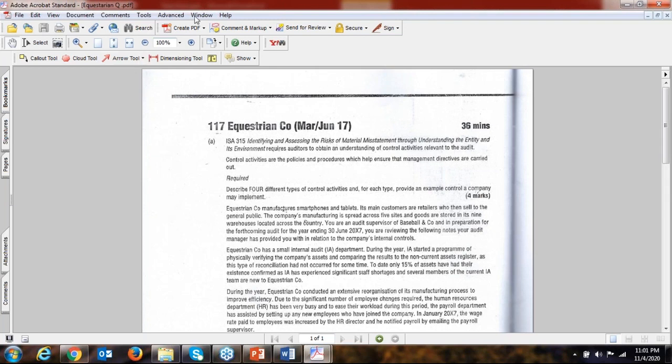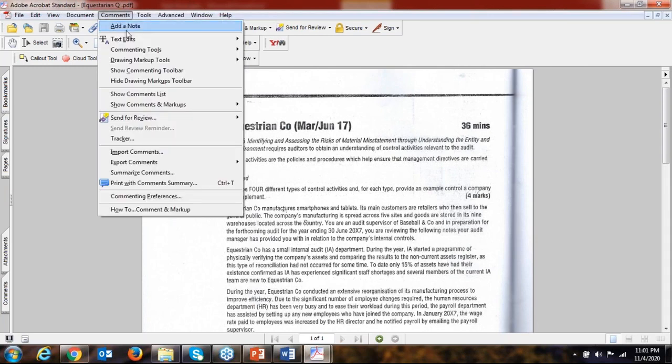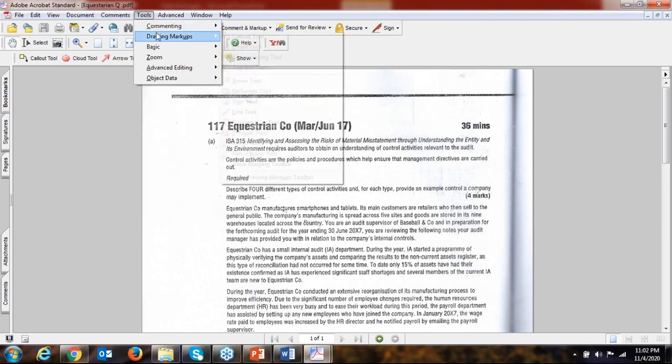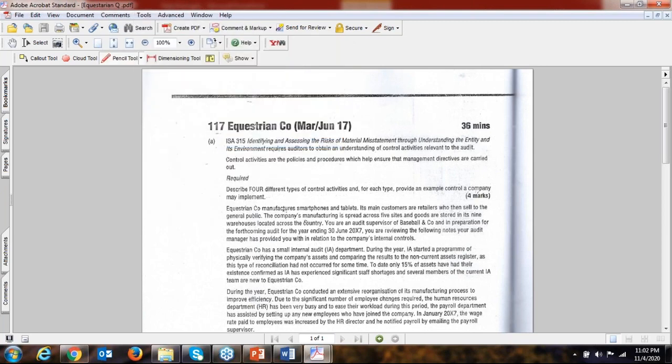Describe four different types of control activities.